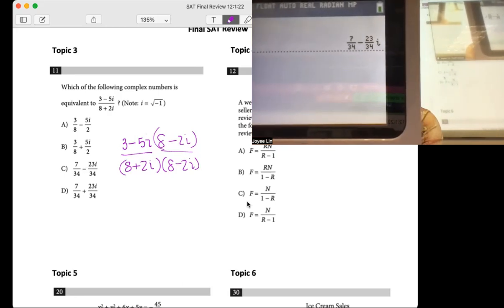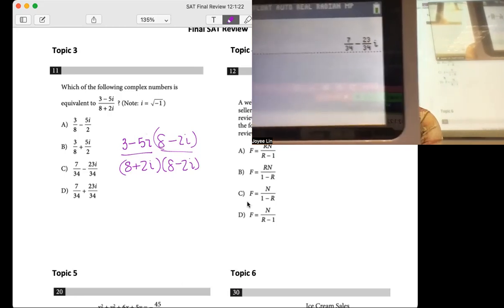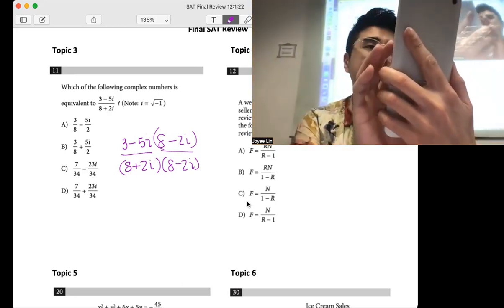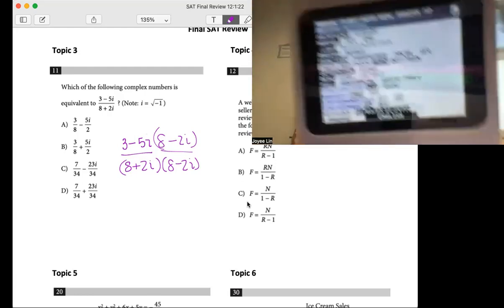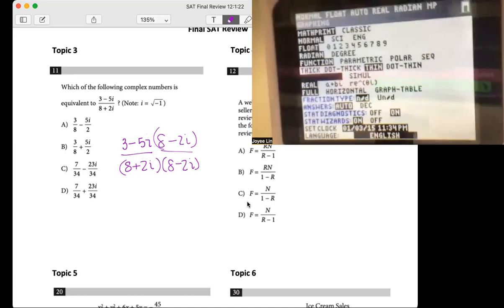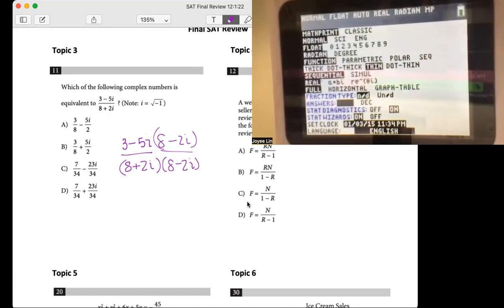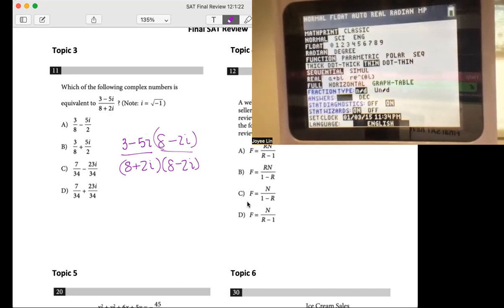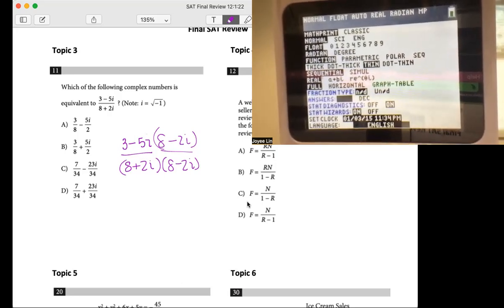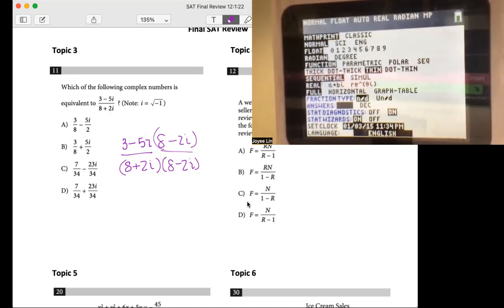So you might need to make sure your calculator is in fraction mode too. If your calculator didn't come up with that one, go to your mode. Fraction type is n over d, and I think I have my answers coming up as fractions. Answers auto, yeah, auto I think would be fraction.